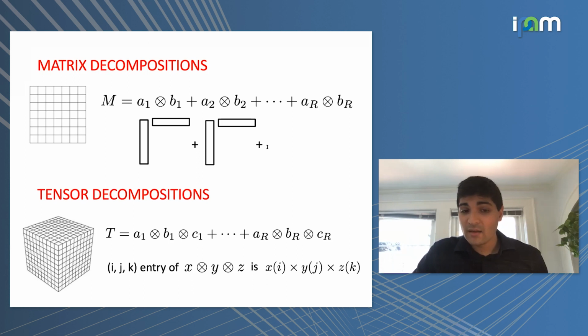Well, I can take a vector A_1, a vector B_1, and a vector C_1, and I can take their tensor product. In particular, that would construct a new tensor that's rank 1, where the ijk entry would be the product of the ith entry of the first vector times the jth entry of the second vector times the kth entry of the third vector.